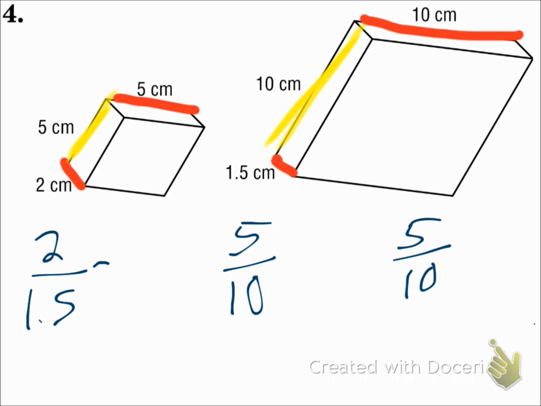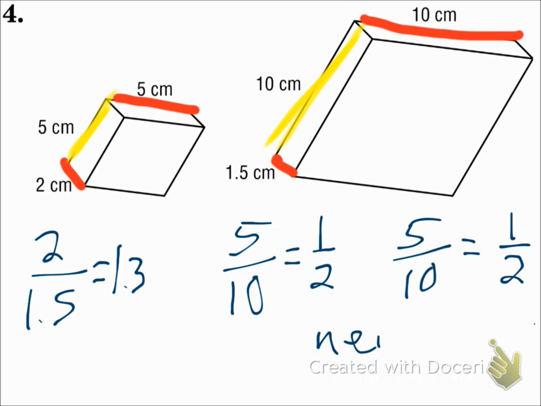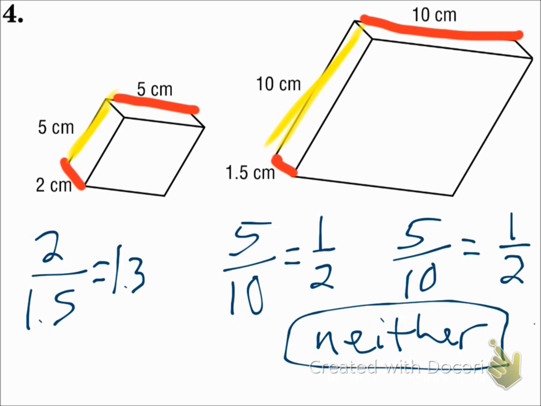Well, 2 over 1.5 is about 1.3. 5/10 is half, and 5/10 is half again. Two of them match, but not all three. So since the corresponding parts are not all proportional, this is neither. You have to have all of them match.